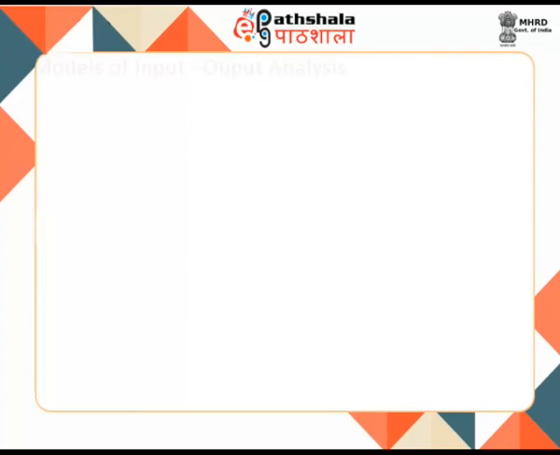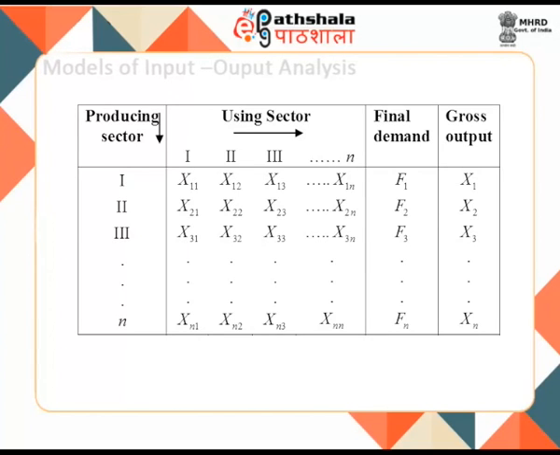Generalizing to n industries, we write the input output table where X1, X2, and so on to Xn is total output of different sectors or industries in an economy. F1, F2, and so on to Fn is the amount of final demand.